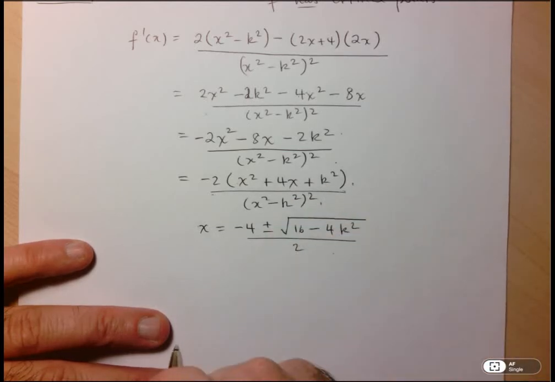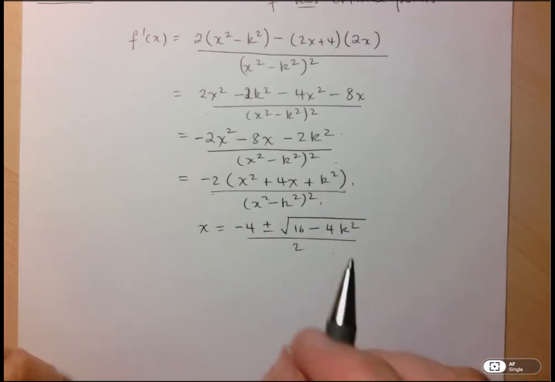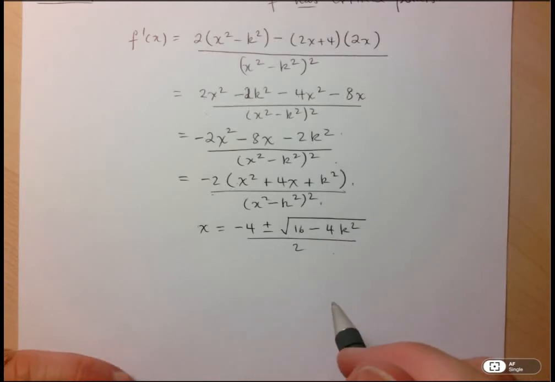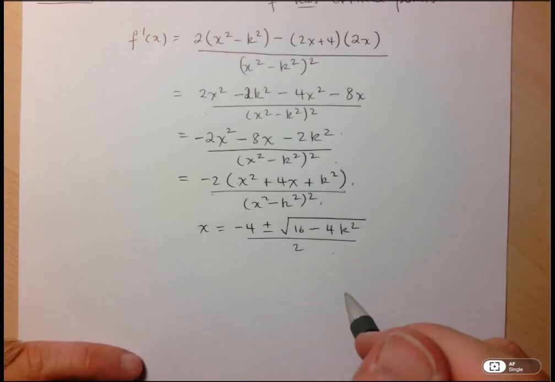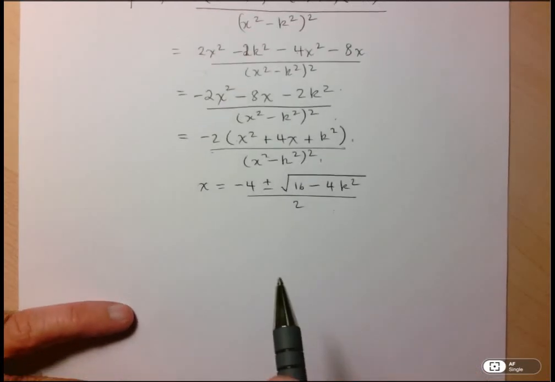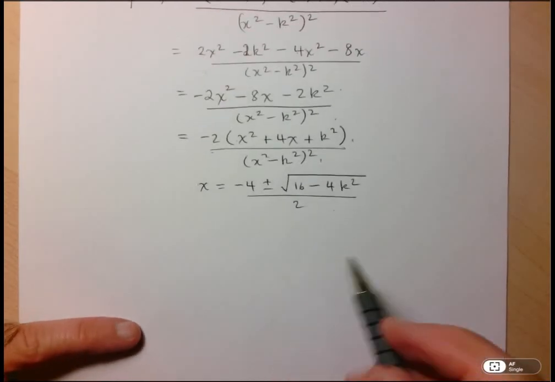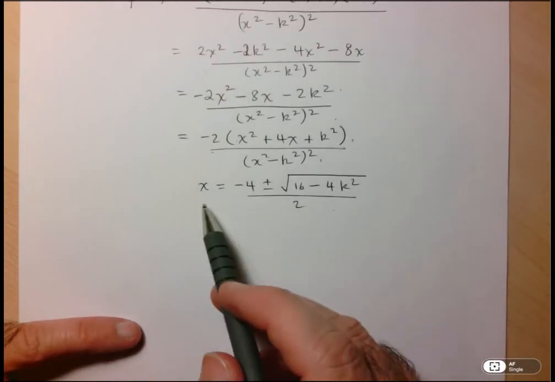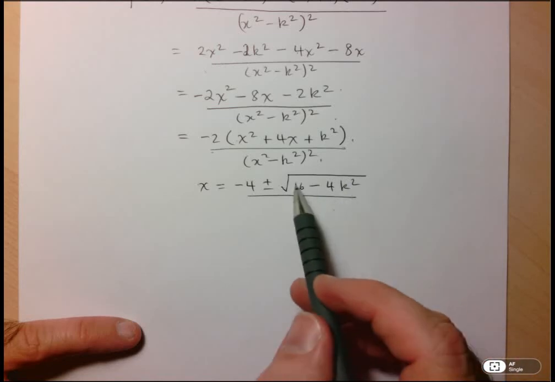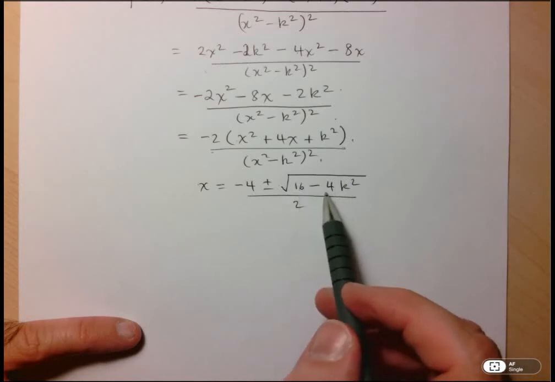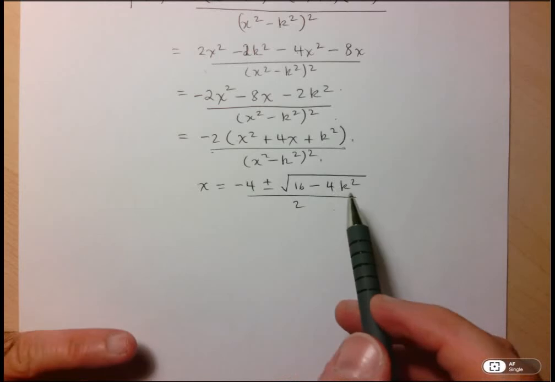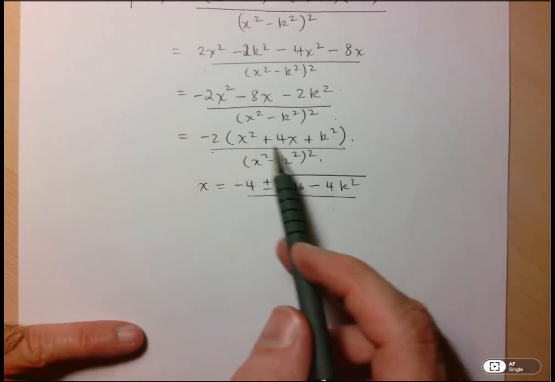But now let's think about what they're actually asking us for. They just want to know what the k value needs to be in order for there to be critical points. So the only thing we care about is that there actually are critical points. In order for that, we need the input to this square root to be greater than or equal to 0, because if this expression is negative in the square root, there are no solutions to that quadratic.